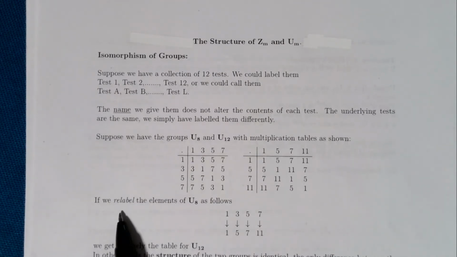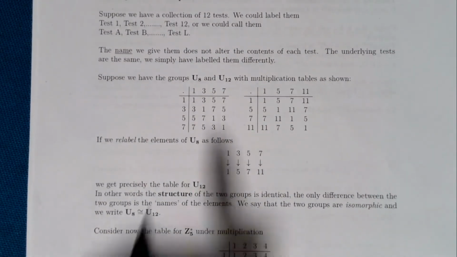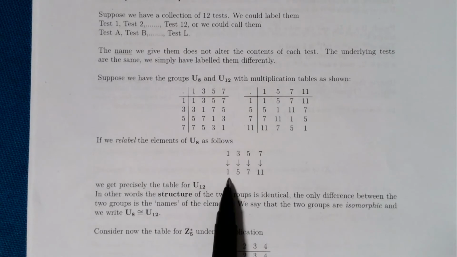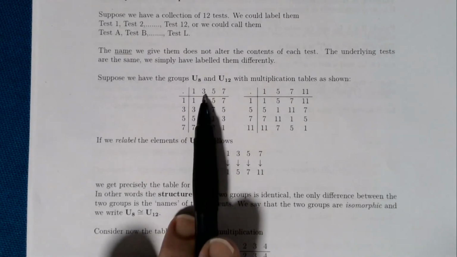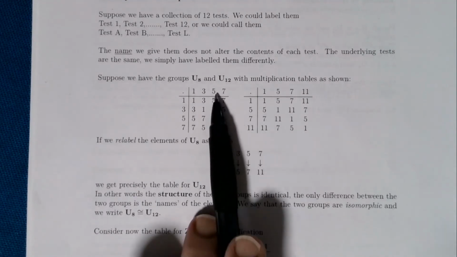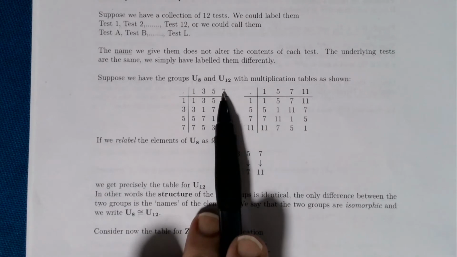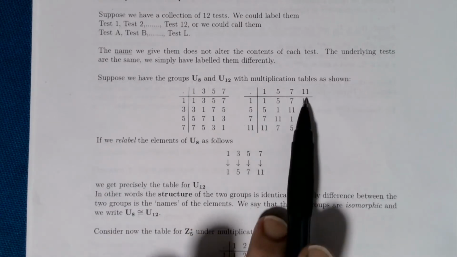I'm going to leave 1 alone, so 1 gets mapped to 1. I'm going to relabel this 3 as the 5 over here. I'm going to relabel this 5 as the 7 here, and I'm going to relabel this 7 as this 11 here.